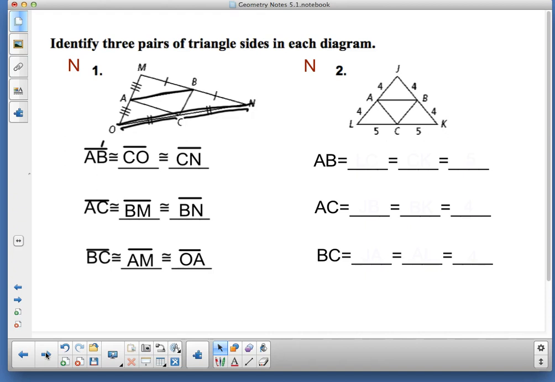And here's why. When I did this problem in this triangle, in this one, it's A to B, O to C, straight up.